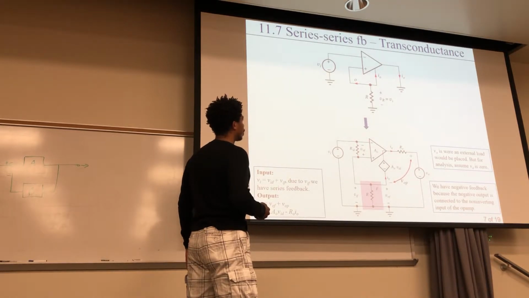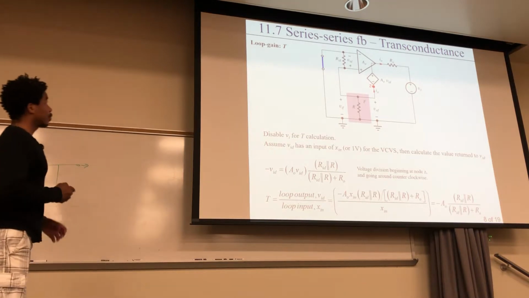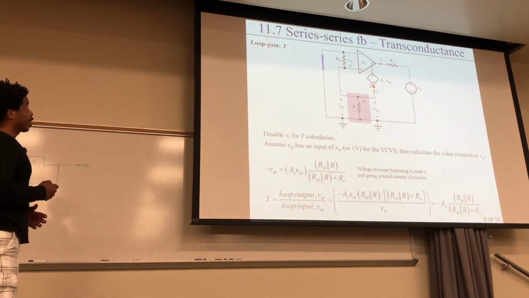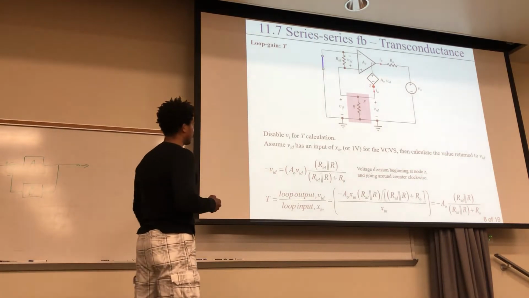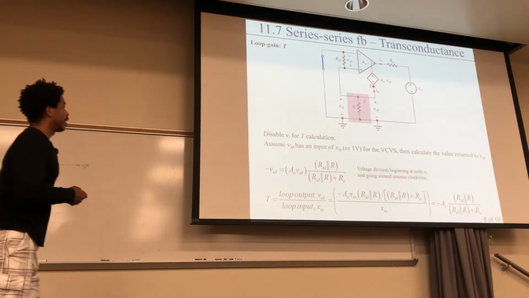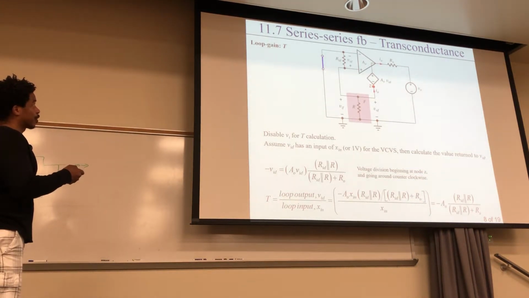Okay, so first what you want to do is look at loop gain for this right here. For the loop gain, you want to disable VI for this loop gain calculation. So I've taken the voltage source and turned it into a short circuit.